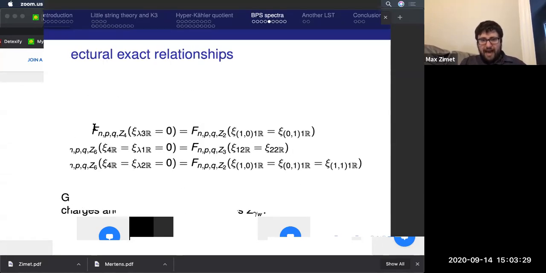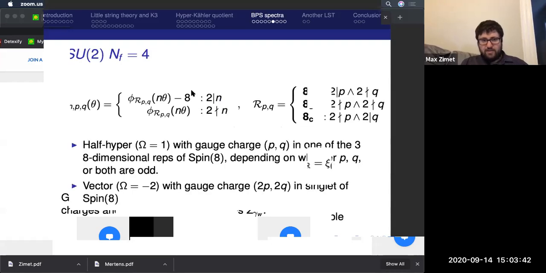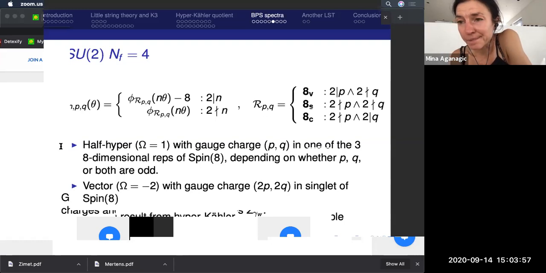So you package the BPS spectra in this funny way, specialize them in this way, and then they exactly agree with this specialization of the SU2 NF equals 4 functions. Just as a review, the BPS spectrum of the SU2 NF equals 4 field theory is very simple.